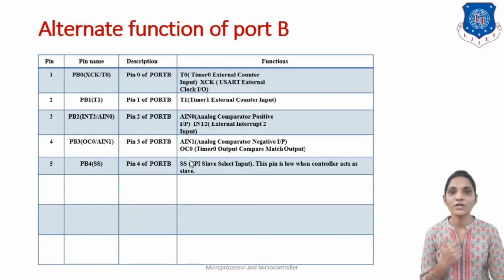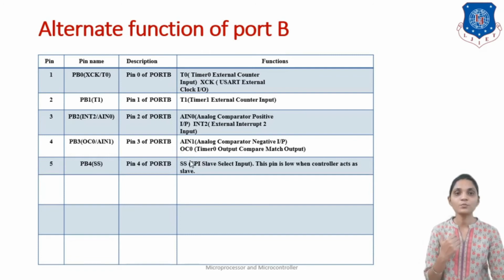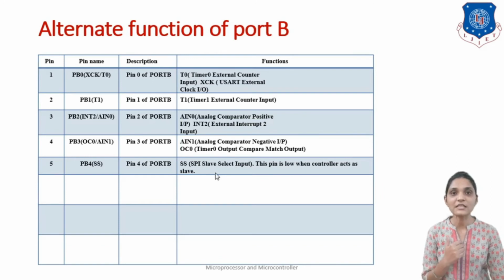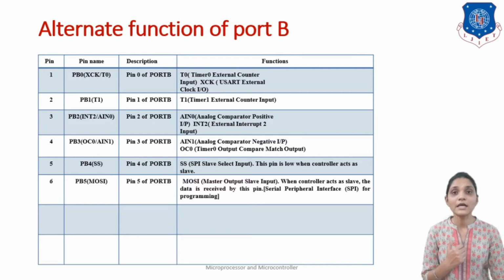Then PB4 can be considered as an input output bit, or as SS, that is the SPI slave select input, and this pin is low when the controller acts as a slave. So when you want to use it as a slave, you have to provide 0 here. Then we can use pin PB5 as MOSI, that is master output slave input.